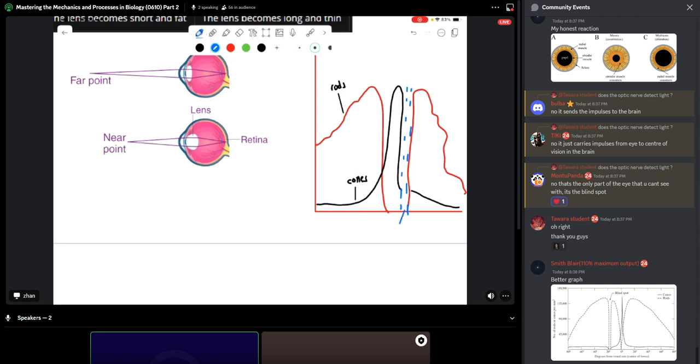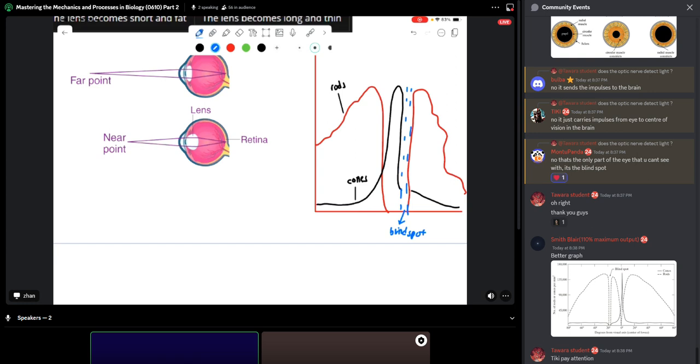There's a blind spot in the middle. The blind spot is where there are no rods and no cones. That's where the optic nerve is located. You do not need to know much. You just need to make sure you know what the rods are, what the function of the rods is, and the adaptation of how the rods and the cones work in our eyes.